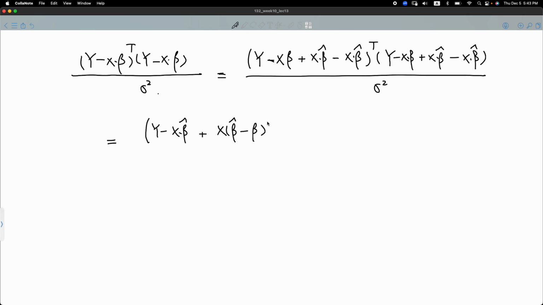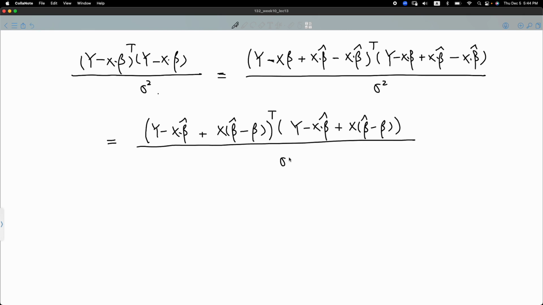So I'm going to group the terms in this way. And then same thing for the second part. And then for the response variable Y minus the prediction, that is what we call the residual.